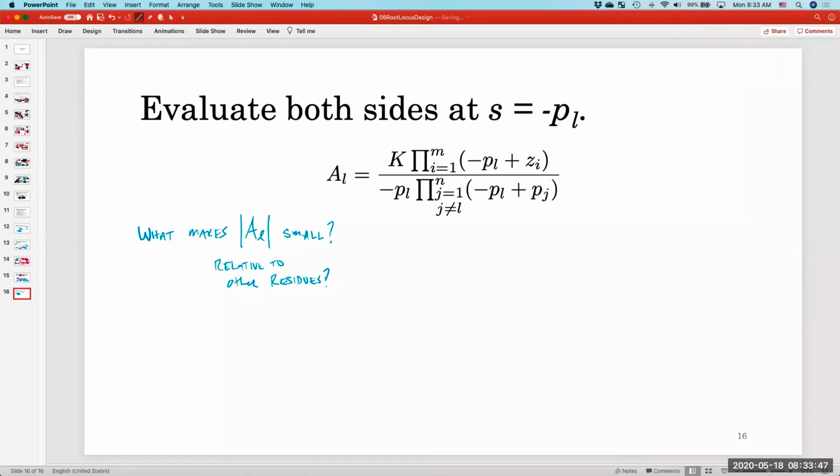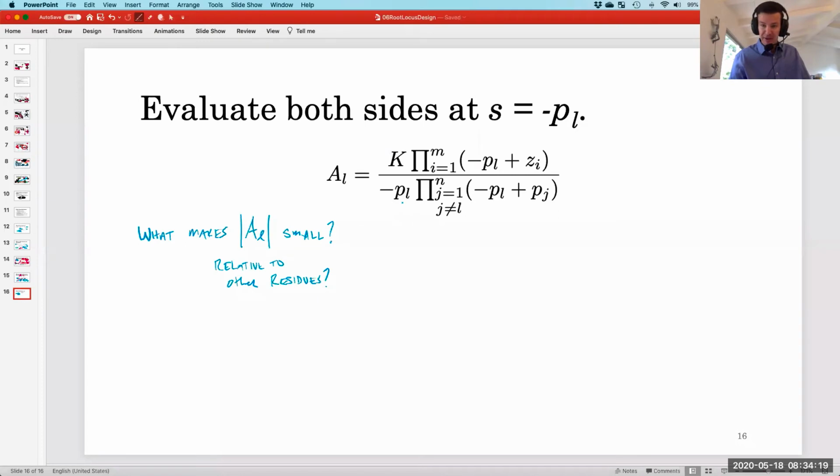I'm just going to throw it out there. What about making the denominator bigger compared to the numerator? Sure, if the denominator were to get really, really big, then this thing would get very, very small. I absolutely agree with you. How would the denominator get big? Well, if the lth pole was large. So that's itself interesting: if we were to move the lth pole very, very far away from the origin, then absent any zeros in the system, that would make its residue small.